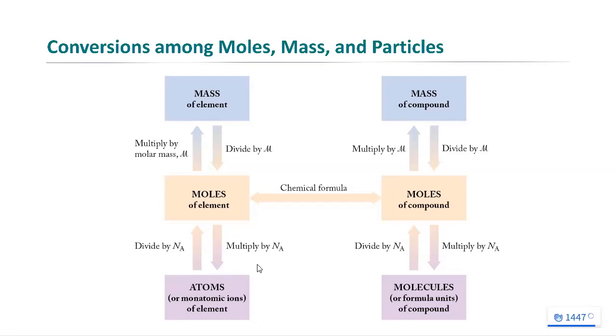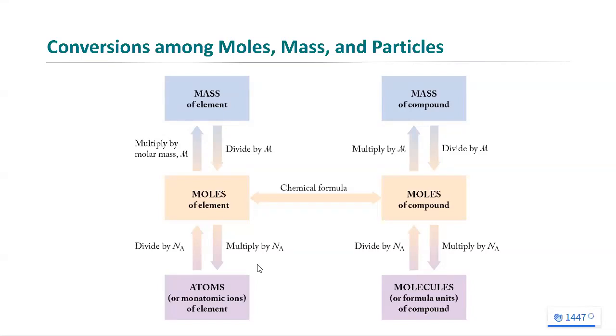If I have a compound, using its molar mass, I can figure out how much it weighs. Or if I know how much I have, if I've weighed it, I can turn it around and figure out how many moles of it there are. If I know the number of moles, I can multiply by Avogadro's number to figure out how many molecules there are. Or if it's an ionic compound, how many formula units.